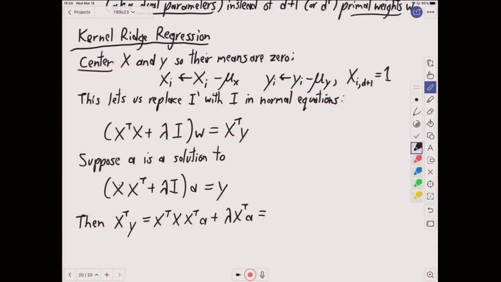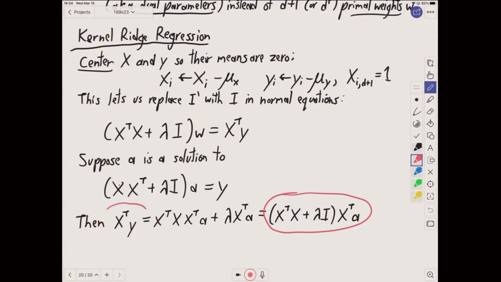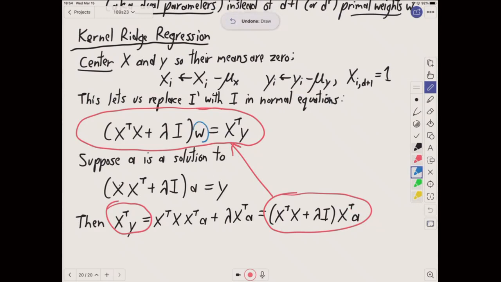And we can pull that apart into this form here. And so you can see that this equation here, that equal to that, is a match for the primal ridge regression equation, normal equations that we want to solve, as long as we just set w equal to X transpose a.